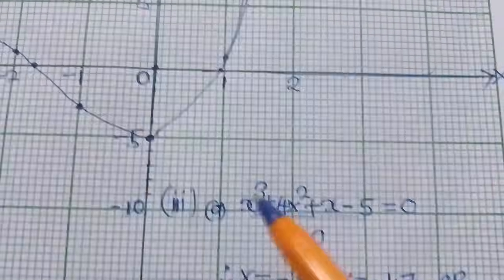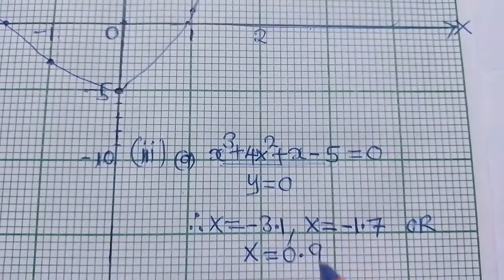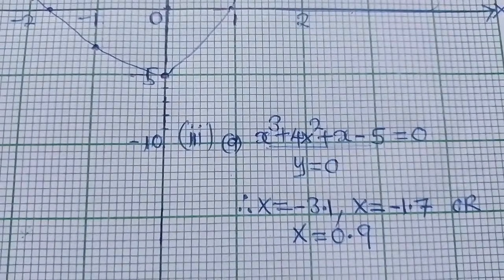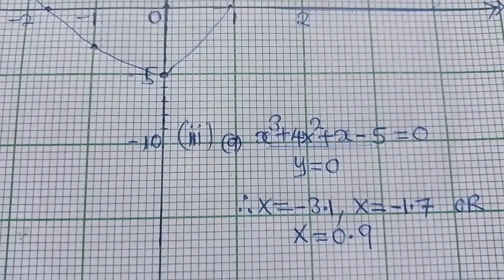Have you seen? Just 0.9. So these are the answers that you need to get. Or if you found other answers, they should be in this range. This is the range that they must be. We must follow this range.